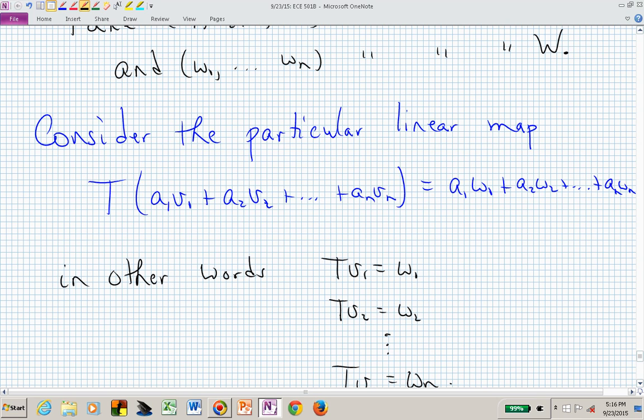Well, if the right-hand side is 0, what's the argument of the T? If all the A's are 0, it's 0. So now you know T of 0 equals 0. That's the only vector in the null space of T. It's a trivial null space. That map is injective, and now we've concluded the other direction.